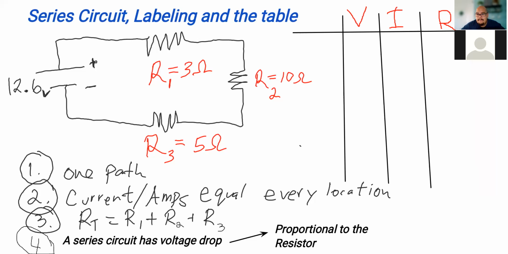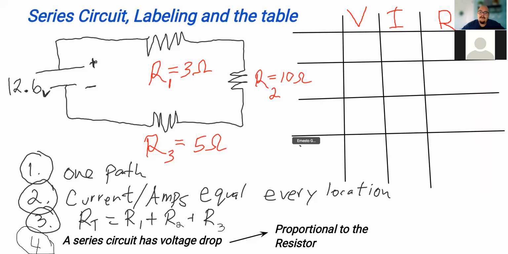Okay, so I'm going to put my first row for my first resistor, my second row for my second resistor, my third row for my third resistor, and at the bottom, I'm going to save it for my total. Okay, for my total.